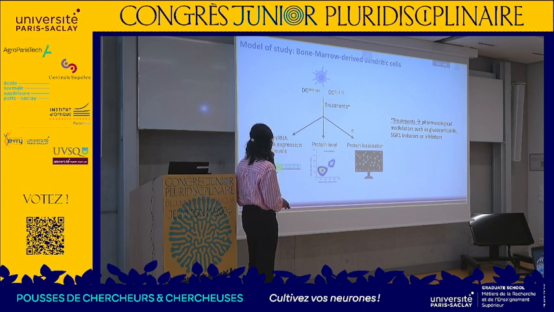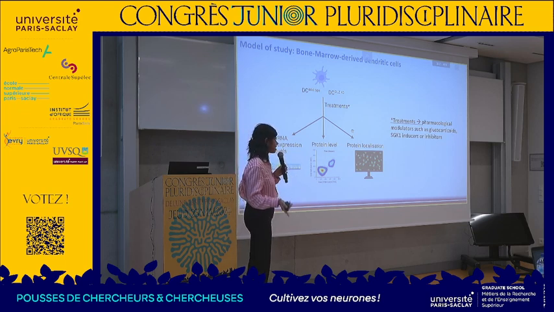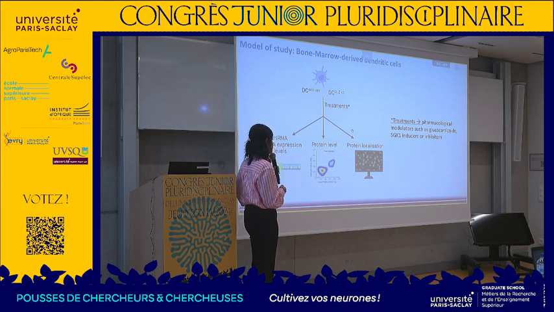To do so, I'll be working on bone marrow-derived dendritic cells that are either wild type or invalidated for the gene coding for GILs. I'll be treating those cells with different pharmacological modulators, such as glucocorticoids to induce SGK1 or even GILs, and I'll also be using an inhibitor of SGK1.